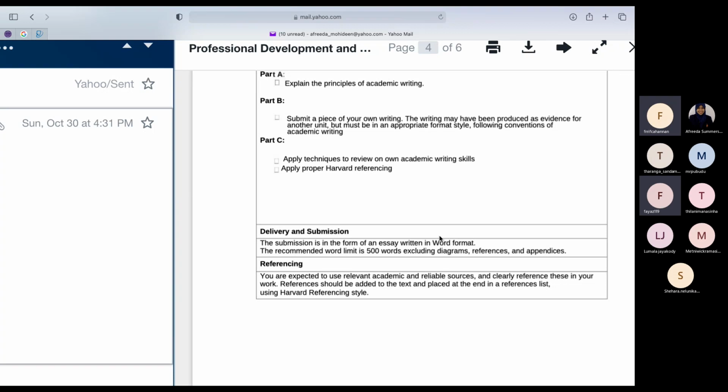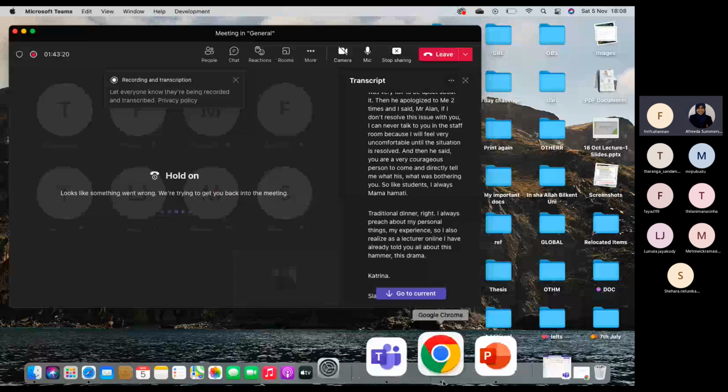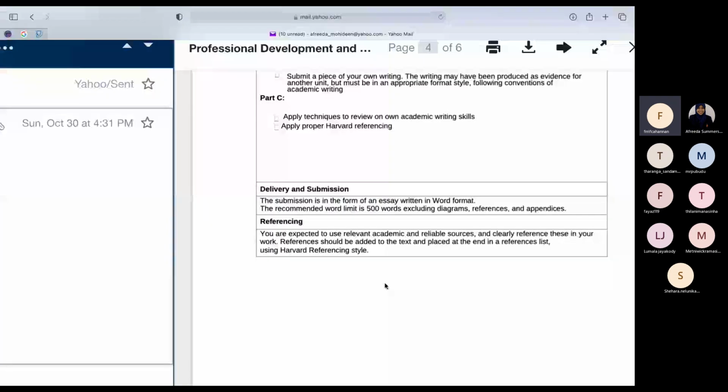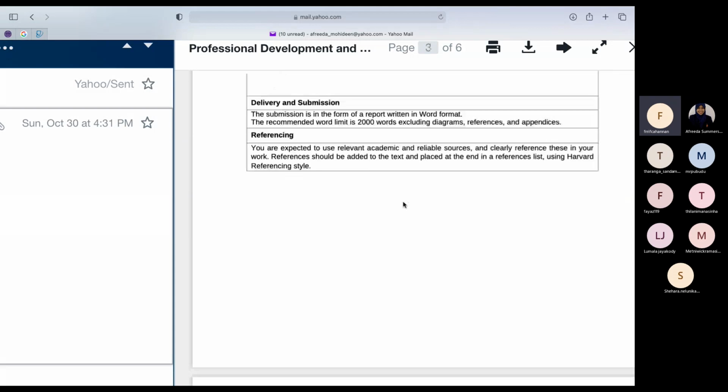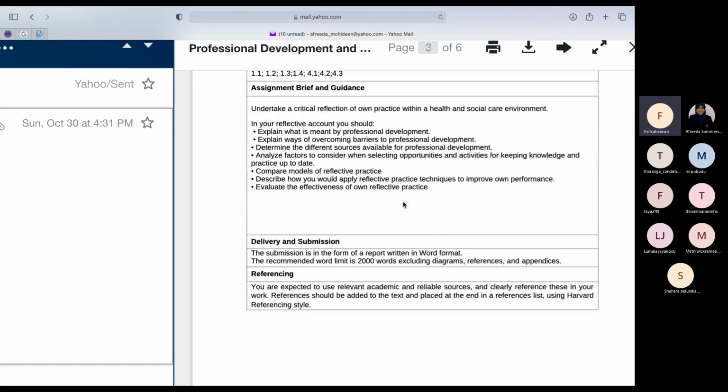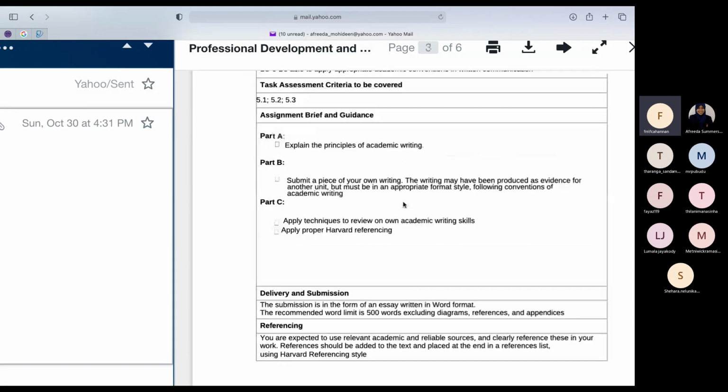No, I'm not thinking it's separate, ma'am. I'm thinking since there are three parts in the assignment, like we have done reports for 1,500 words. Now, since it's one of the three parts, can we make it a little bit precise? Can we make it a little bit summarized?